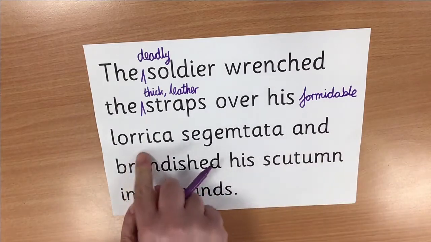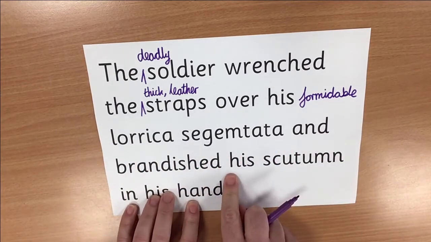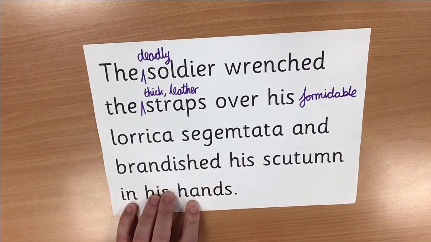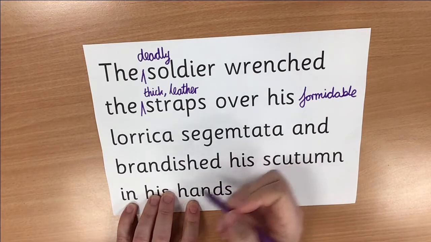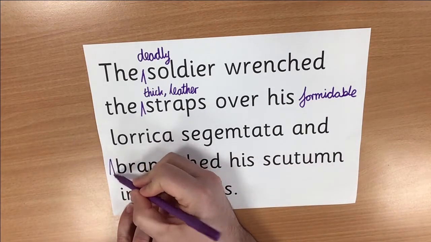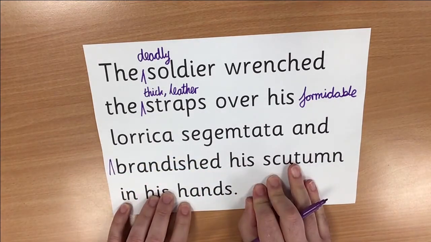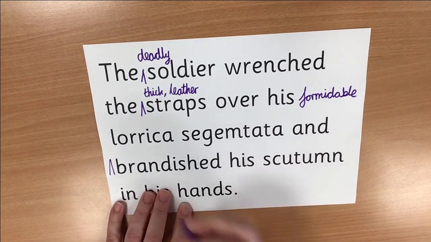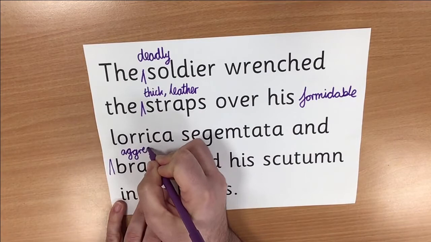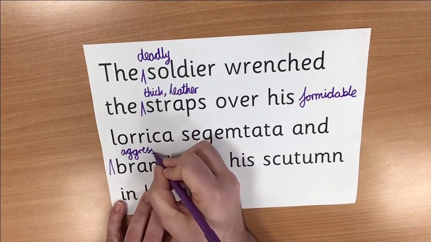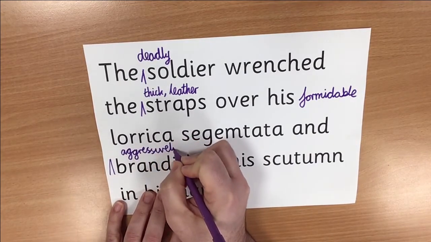Okay, moving on. And brandished his scutum. So remember, we learned the word brandish before. It's where you hold something strongly and you shake it maybe at somebody. So I want to add a bit more to that. I'm going to put an adverb for how he brandished it. I think if you're going to be a hero and you're going to be brave and you're going to attack an enemy, you're going to want to do it aggressively.